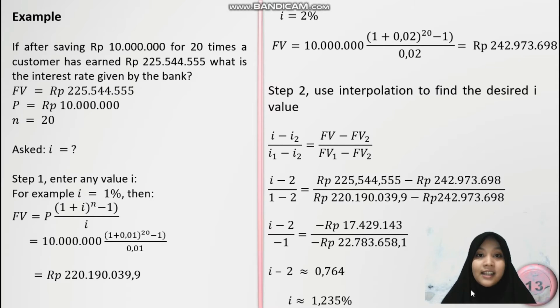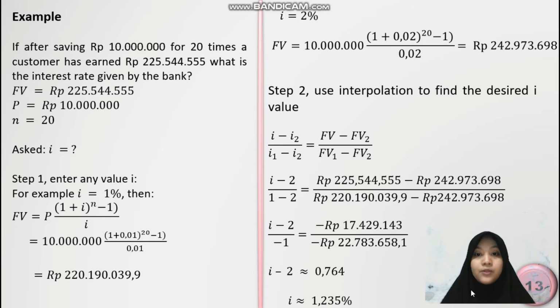Because the future value for an interest rate of 1% is smaller than the desired future value, we increase the interest rate. For example, the interest rate is 2%, and we substitute again into the formula of future value. Future value equals 10 million times 1 plus 0.02 to the power of 20 minus 1, divided by 0.02, and we get future value 2 equals 242,970,698.